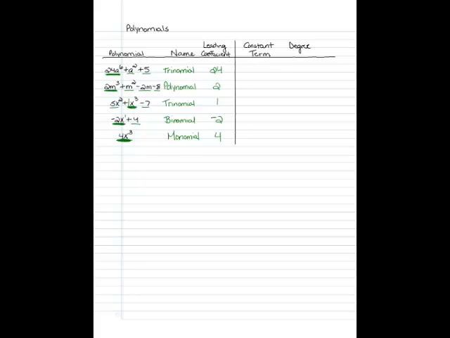All right, next is constant term. A constant term is one that has no variable written next to it. It is just a number. So in this first one, the constant term would be 5. In the second, remember you keep the sign that's next to it, so this constant term would be negative 8.